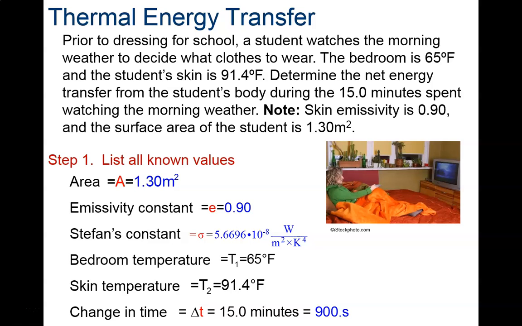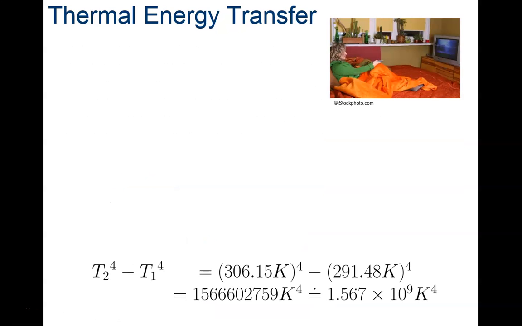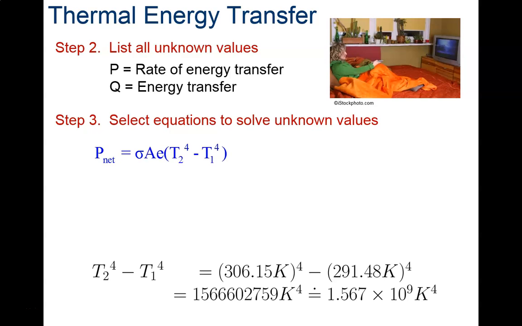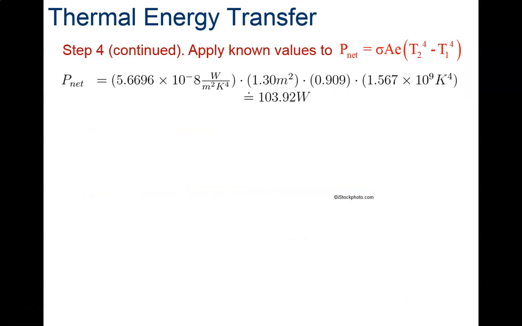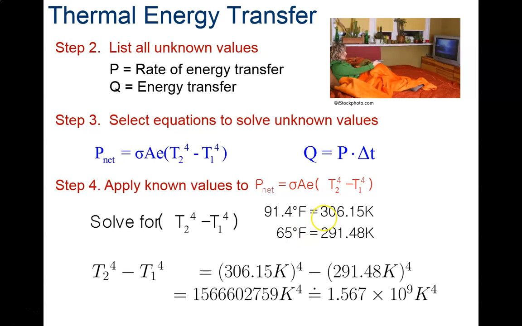Once we've got this, it's basically just sticking the numbers in, although we do have a little bit of conversion to deal with. This is in watts per meter squared per Kelvin to the fourth. We do need to convert our Fahrenheit into Kelvin, which I'm not going to worry too much about. We'll let the PowerPoint do that for us. Okay, so they go ahead and figure out this temperature.